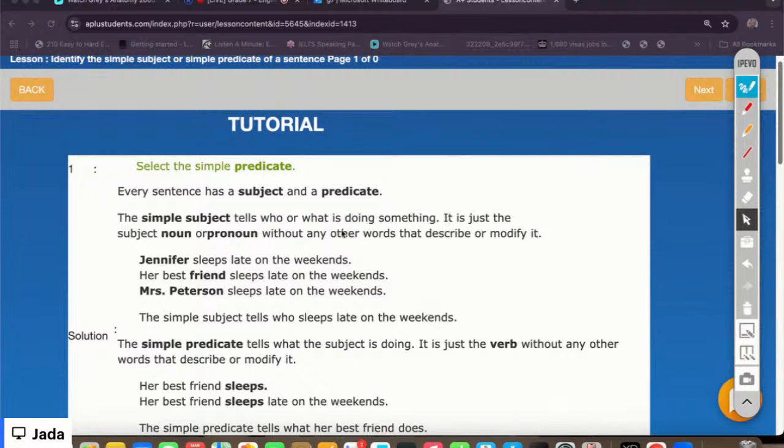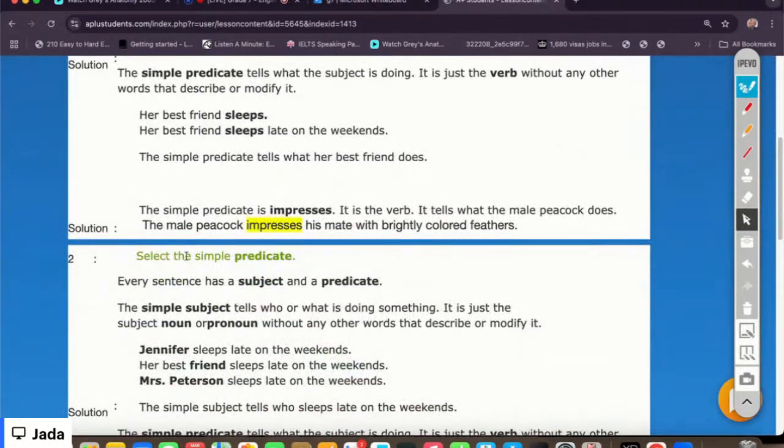So looking at the examples, every sentence has a subject and a predicate. We know that. So we have to select the simple predicate. The male peacock impresses his mates with brightly colored feathers.